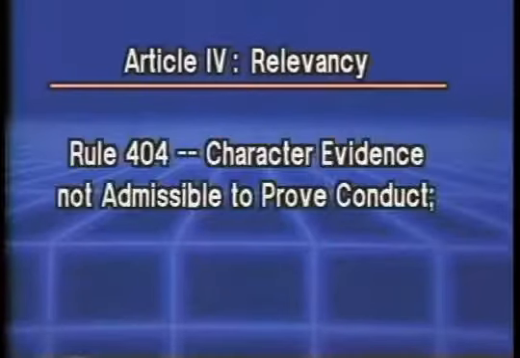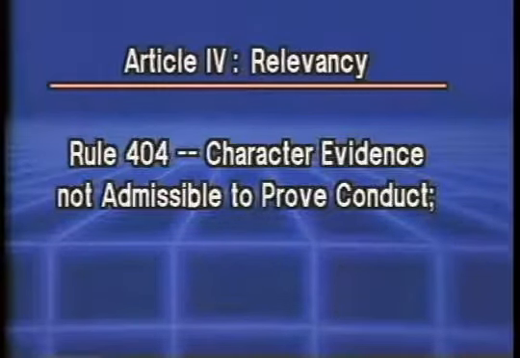Rule 404 announces the general principle that with only a few exceptions, evidence of a person's character is not admissible to prove that he acted in conformity with that character.